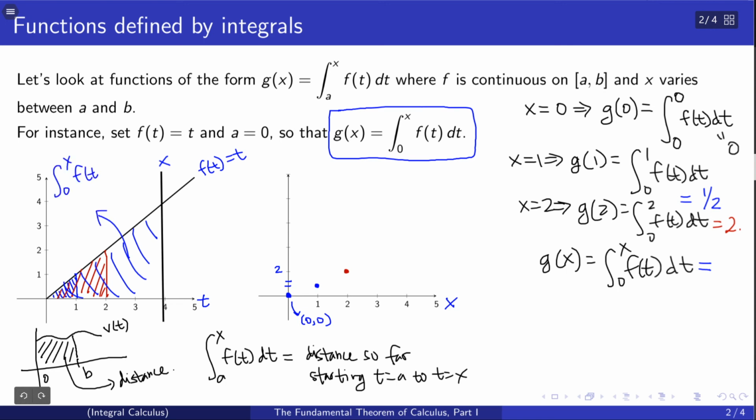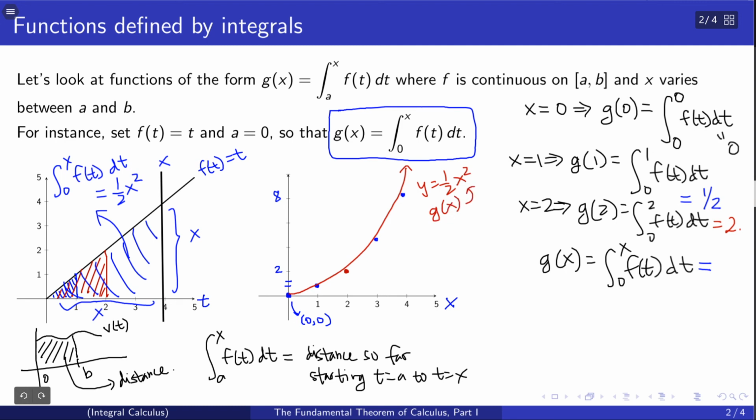So the integral from 0 to x of f of t dt is always going to be a triangle with base x and height x. Therefore, this is x times x divided by 2, or 1/2 x squared. Which tells me that what I was drawing here are actually points on the parabola y equals 1/2 x squared. And this is our g of x formula.